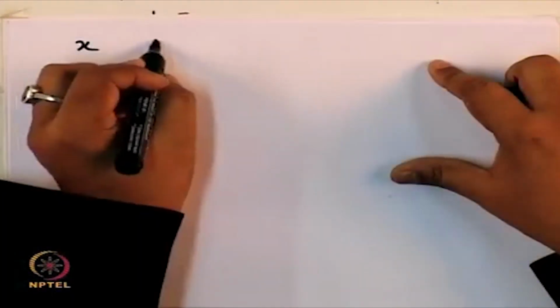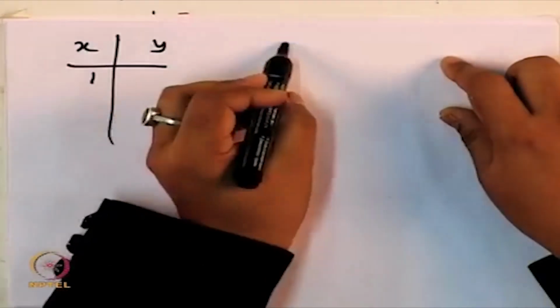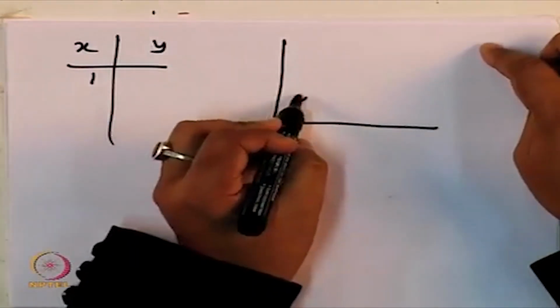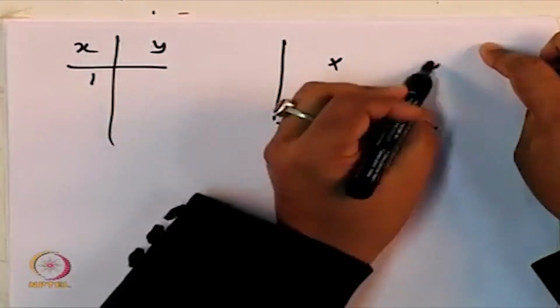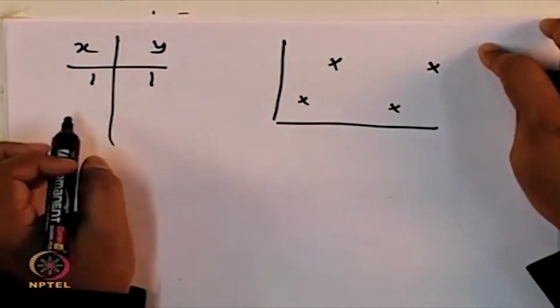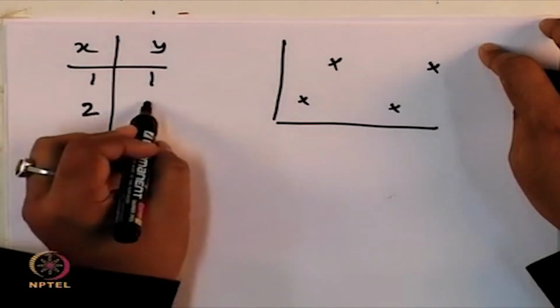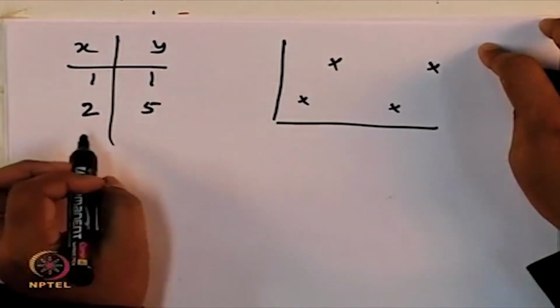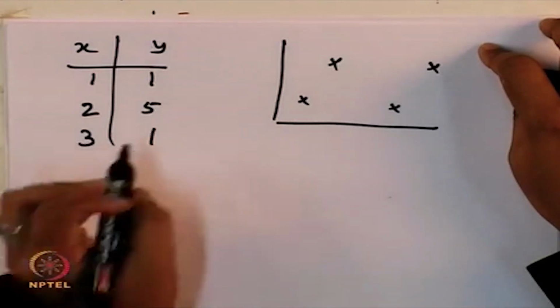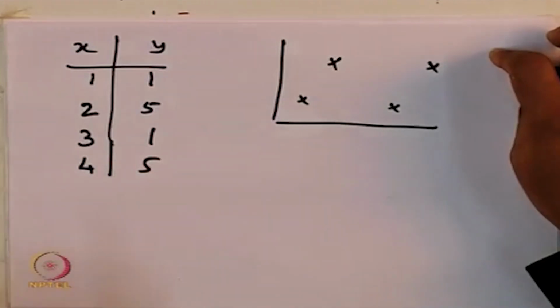So, now let us take another example and do this calculation ourselves. Okay. So, let us take an example where x and y are not particularly correlated. Let us say if I take this point, this point, this point and this point. Okay. So, let us say x is 1, y is 1, x is 2, y is 5, x is 3, y is 1, x is 4, y is 5.